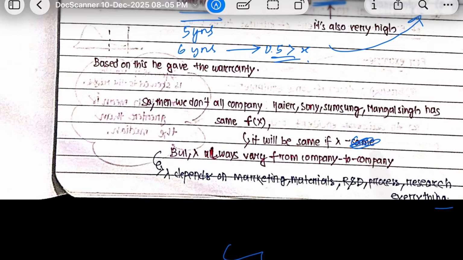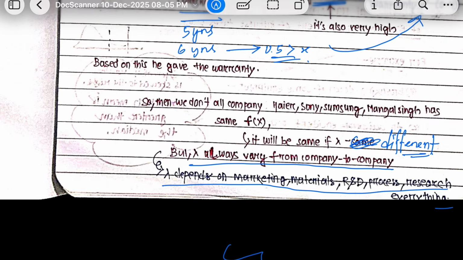It is different. Lambda value changes from company to company, depending on all these metrics: marketing, material, R&D, process, research, everything. Everything depends on the lambda value.